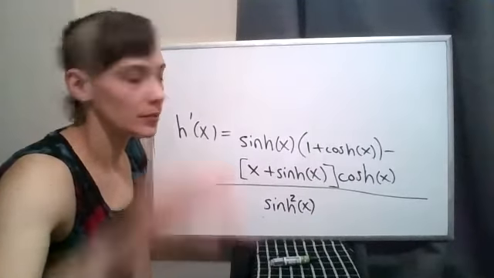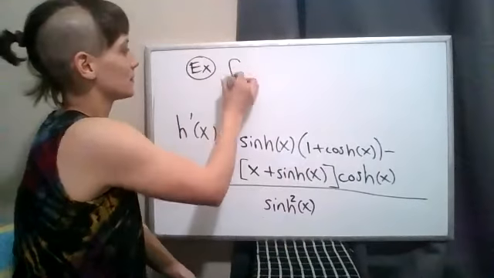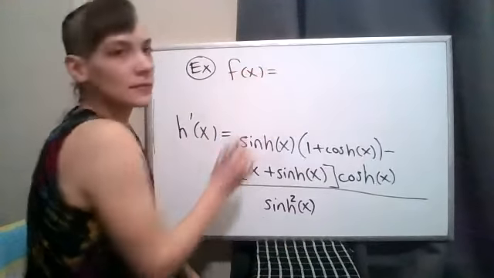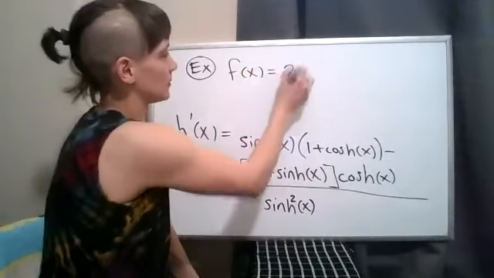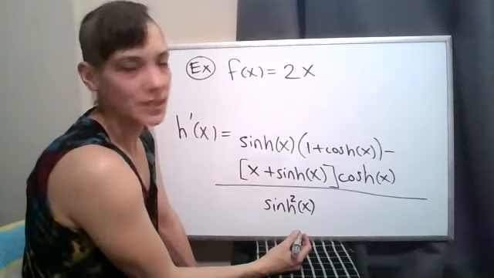Let's get some critical numbers. Let's see, I'm just going to make it really easy. 2x plus 6.